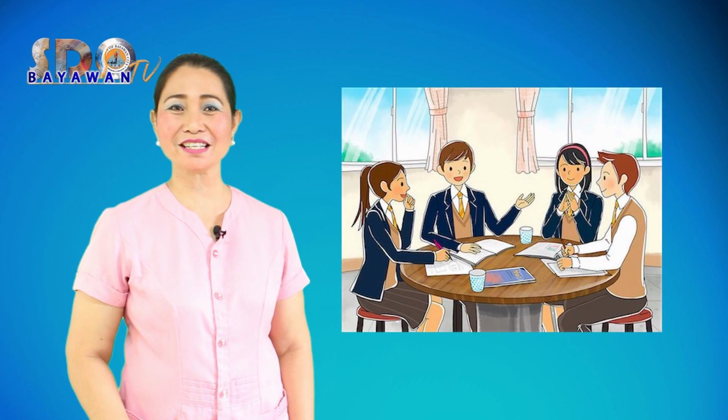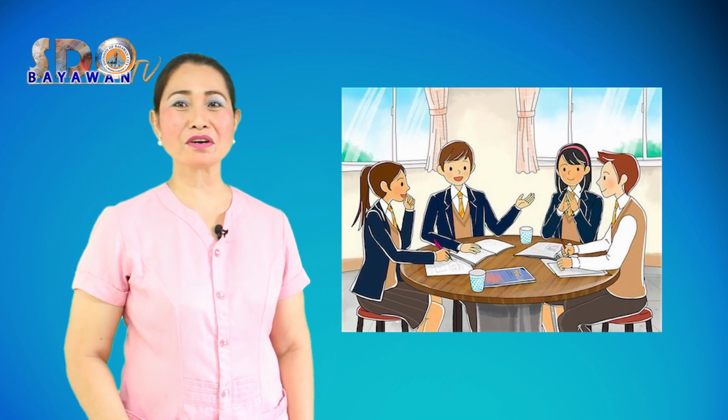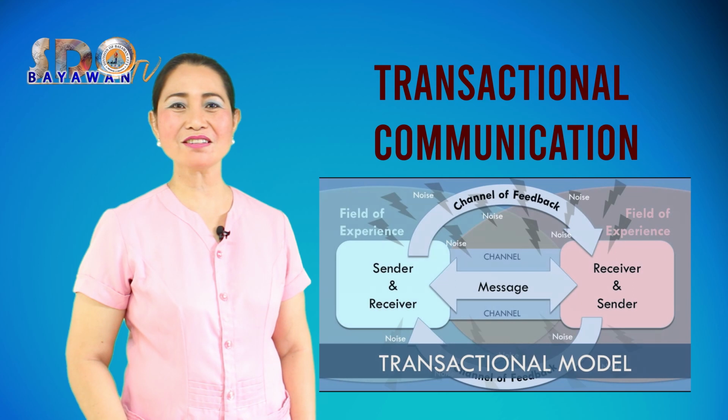What usually happens when you are with your friends during recess at the canteen? For sure, you are talking things of different topics. Don't you know that in that situation, another communication process takes place? That is what we call a transactional communication.